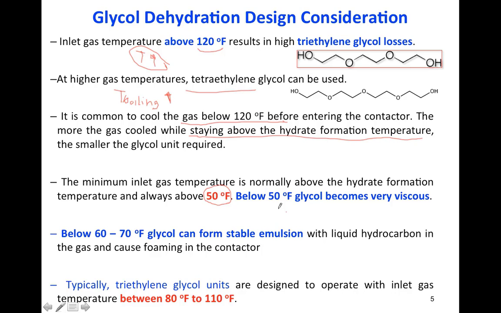Below this 50 Fahrenheit, there is a high chance of formation of hydrate, and at the same time, the glycol, which is a liquid, will become very viscous. Very viscous means lower mass transfer efficiency, higher pumping needs and pumping power, and some other issues.